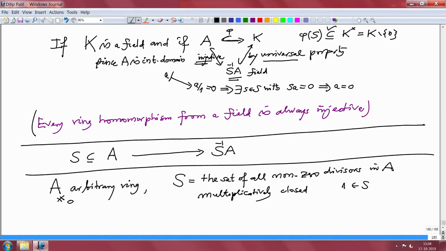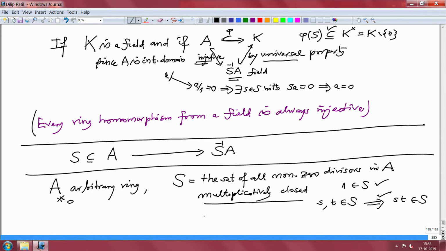Also, we have to check that if S and T are non-zero divisors, then S times T is also a non-zero divisor, which is also obvious. Because if S times T times A is 0, then first use the fact that S is a non-zero divisor and cancel it, and then use the fact that T is a non-zero divisor and cancel it. So this is also correct. So we have checked that it is a multiplicatively closed set.